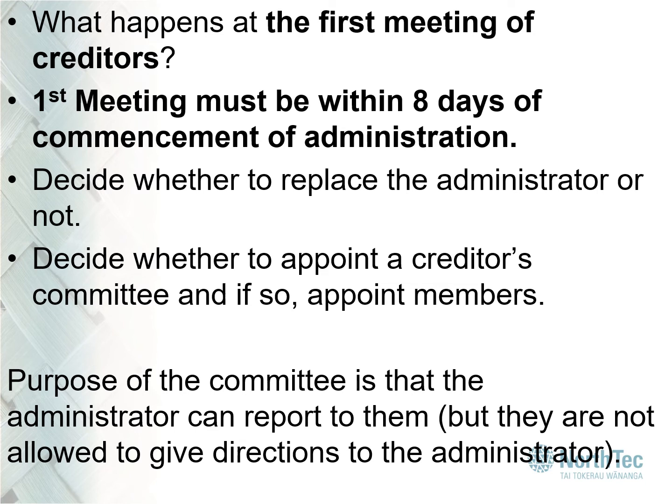During that meeting, they will decide whether to replace the administrator or not, and decide whether to appoint a creditors committee, and if they decide they're going to appoint a creditors committee, they will appoint the members of that committee. And the purpose of this committee is that the administrator can report to them, but they are not allowed to give this administrator directions.